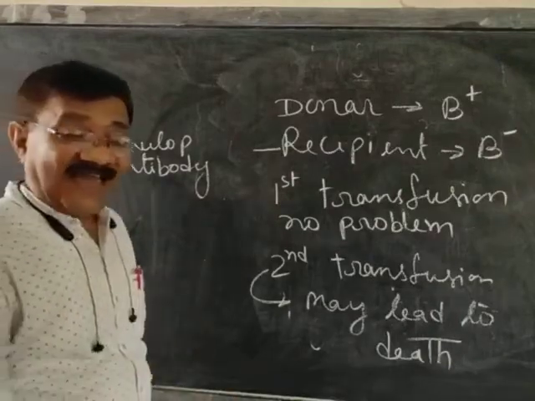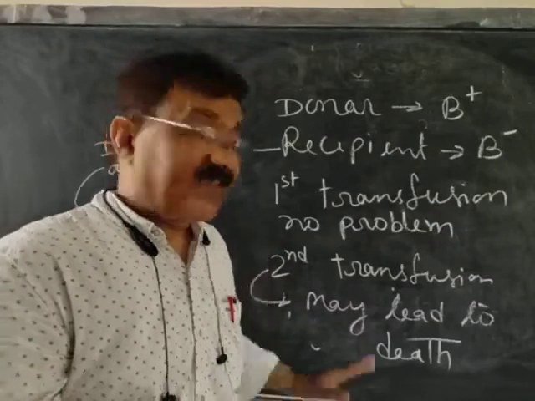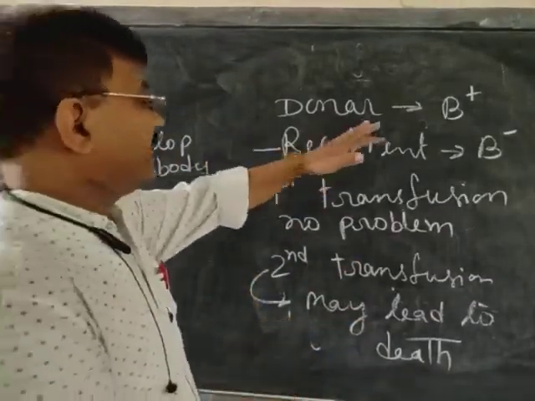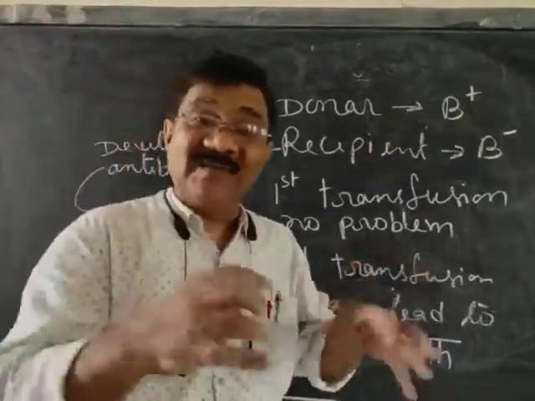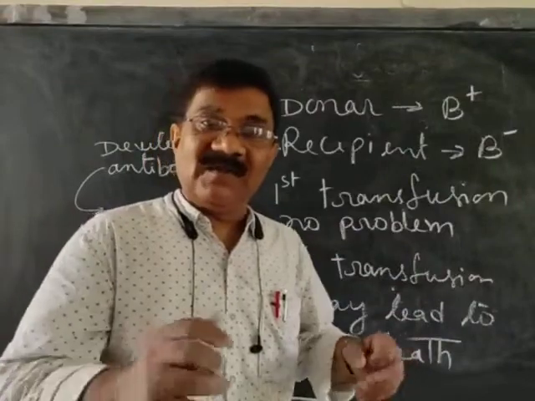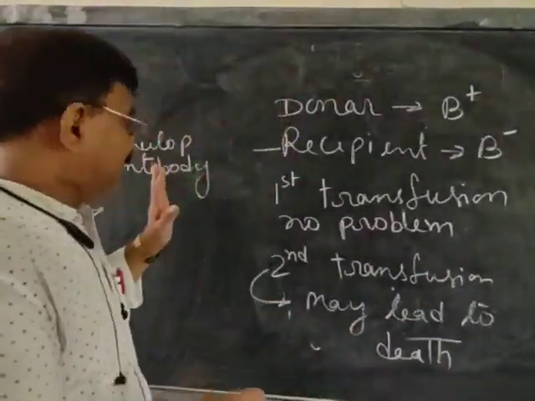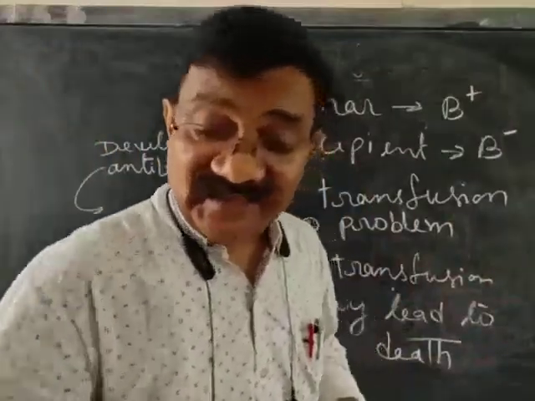When the second transfusion is done, the antibody will attack the B positive blood cells, which have become sensitized, and they will react, and it may lead to death. Very clear or not?